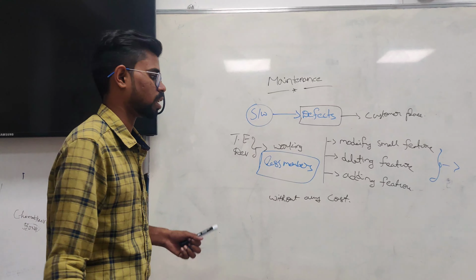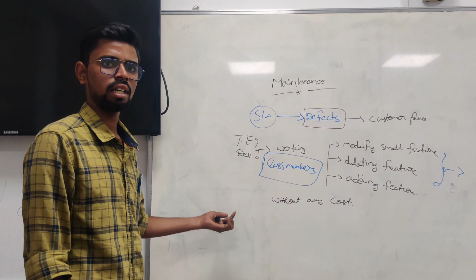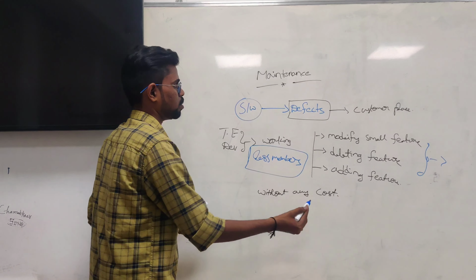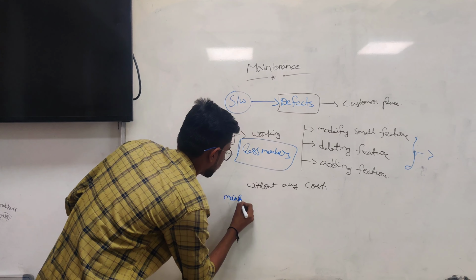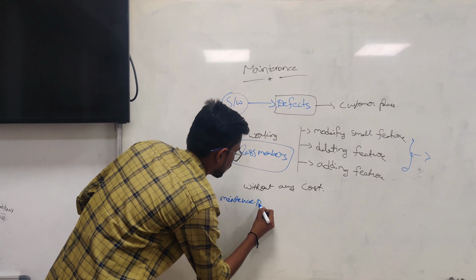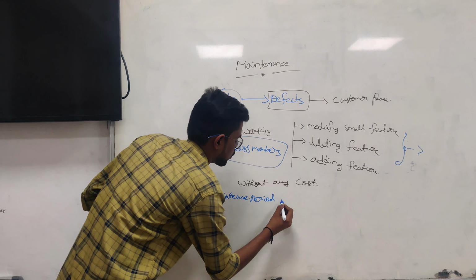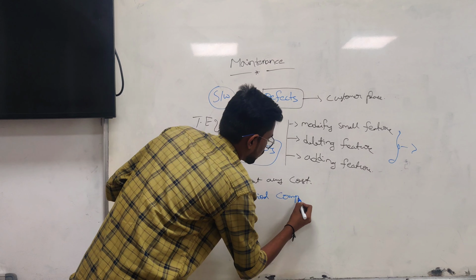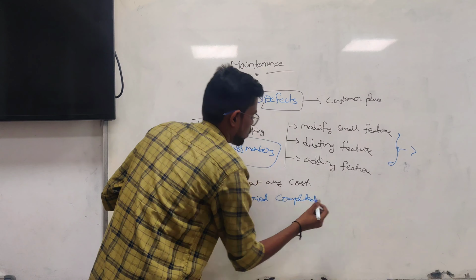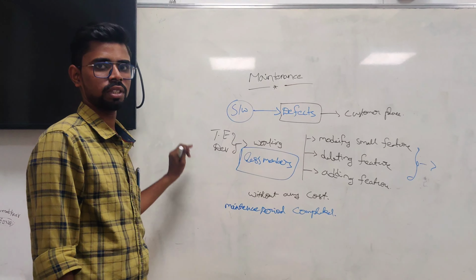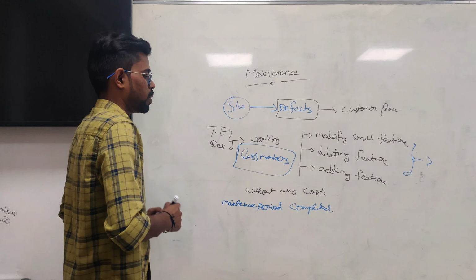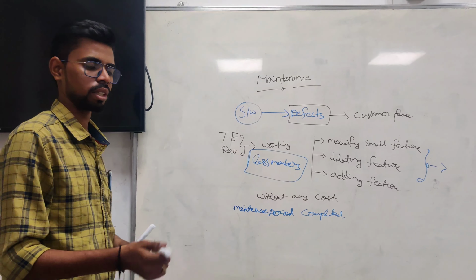That also is based on the project or company. Once the maintenance period is completed, if the customer finds any defects, he will ask the software company to fix them, and the software company will charge some amount to fix the defects.